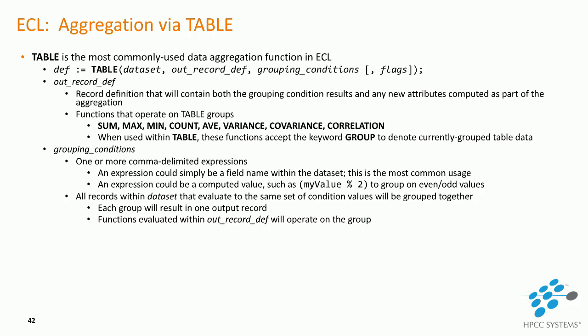And inside that group keyword, it can be used in any of the 8 aggregate functions that we have available, being sum, max, min, count, average, variance, covariance, and correlation. The last 3 being statistical functions. Then we have our grouping conditions. We talk about how you can specify multiple groups of multiple fields by just separating them by commas.